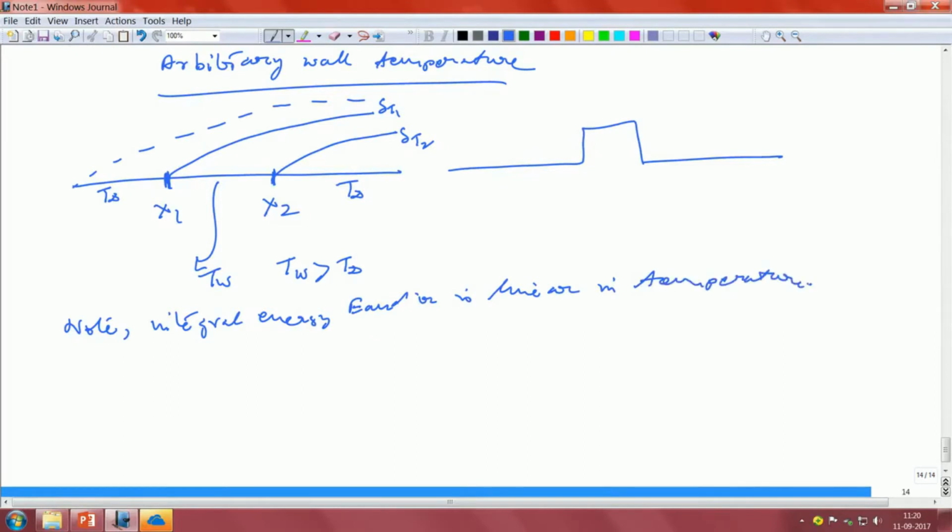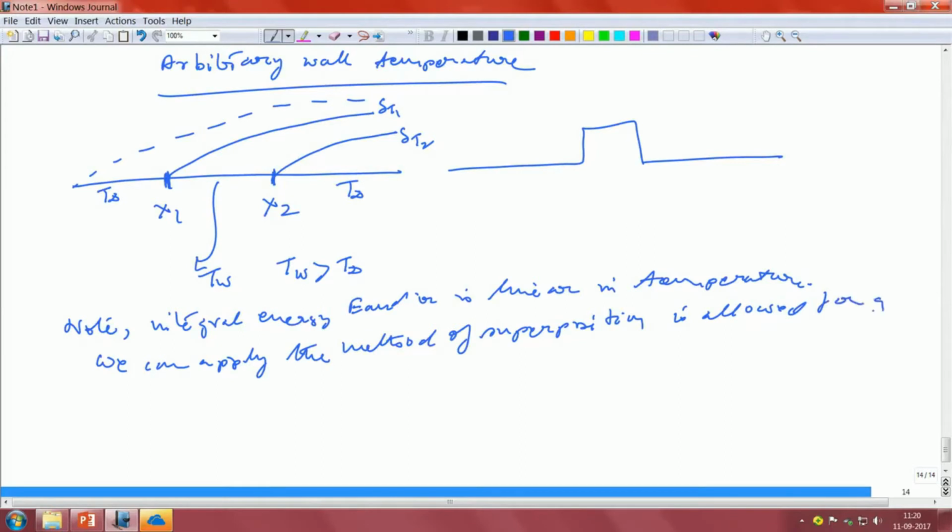Hence, to solve this particular problem we can apply the method of superposition. Superposition is allowed for a given velocity field.